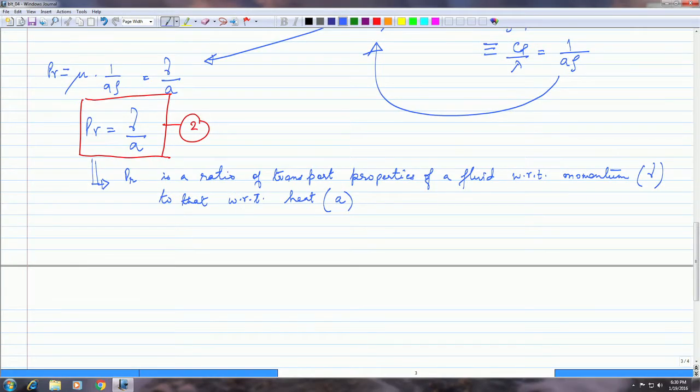So now the point is that, as you can see very easily, if Prandtl number is very large, which means that the kinematic viscosity is very large with respect to A, then we will have a very large boundary layer thickness, right?